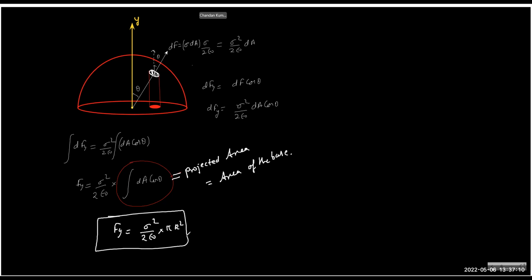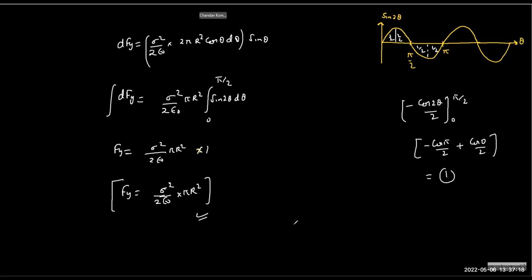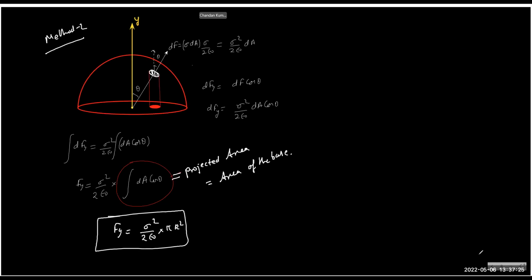Now it is easy. I think this is the same as before, right? Same answer. Sir, I still don't understand how we apply the electrostatic pressure formula that we derived.